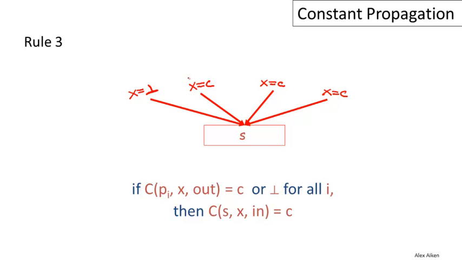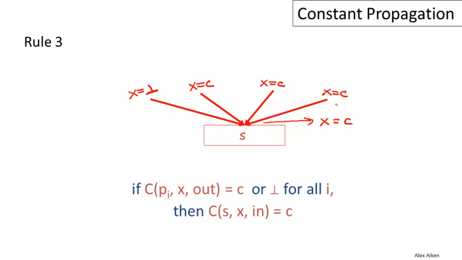Okay? And so what the rule says is that if we have this situation where either x has the property bottom after a predecessor, or all the predecessors agree on the particular constant that x could be, then at the program point before S executes, we know that x is guaranteed to be the constant c.